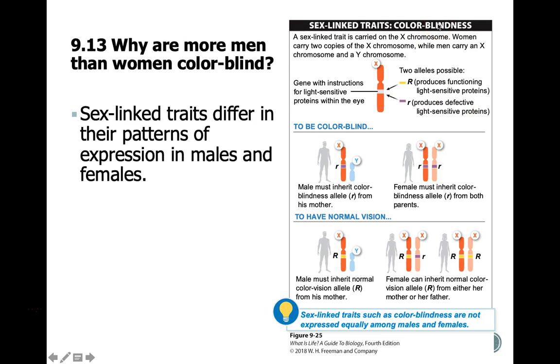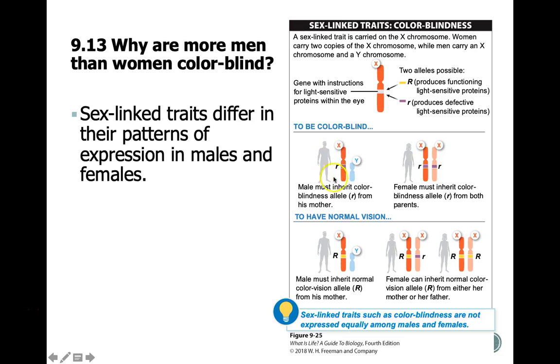Normally, if you are going to have a recessive disorder, you need to get two recessive copies. That's what's going on here with this female. She has two recessive copies, so she would be colorblind. She has inherited this just like anybody else would inherit a recessive trait.